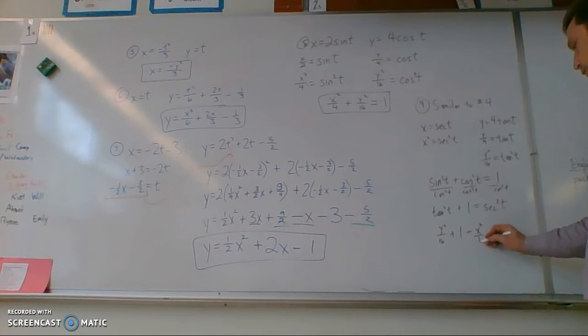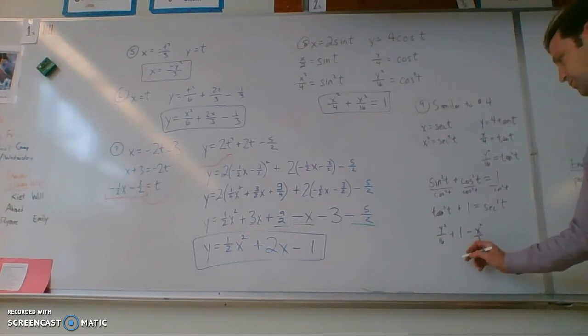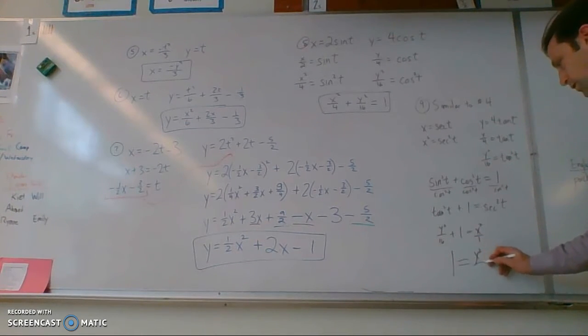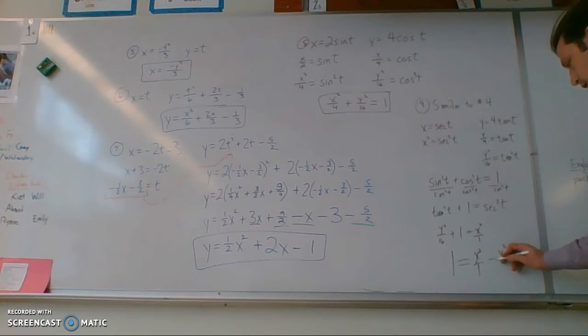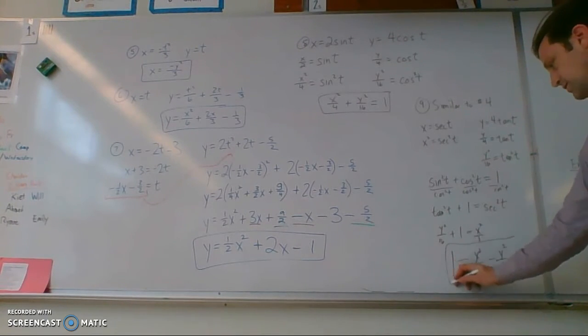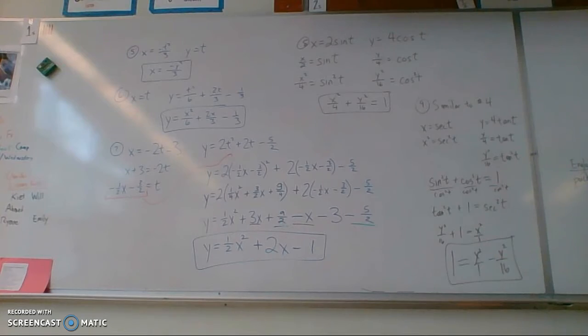We could put this over 1 if we want to just be ready to put this in hyperbola form. If I subtract the y squared over 16 from both sides, I get 1 equals x squared minus y squared over 16. That last step might not be necessary, but it shows us which conic section it is. It's a hyperbola, right?